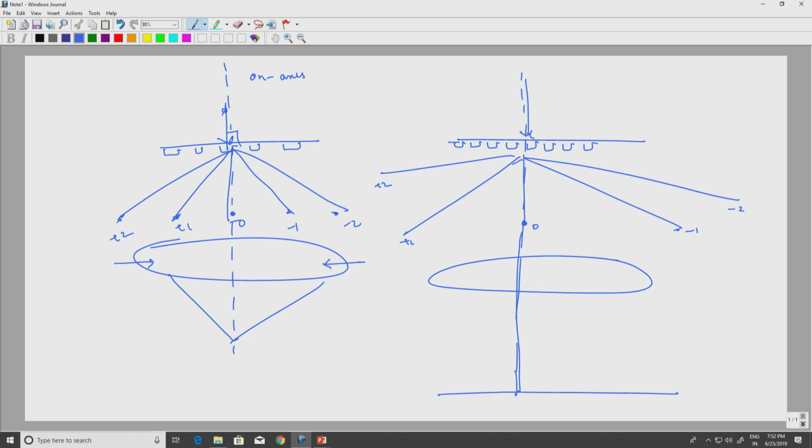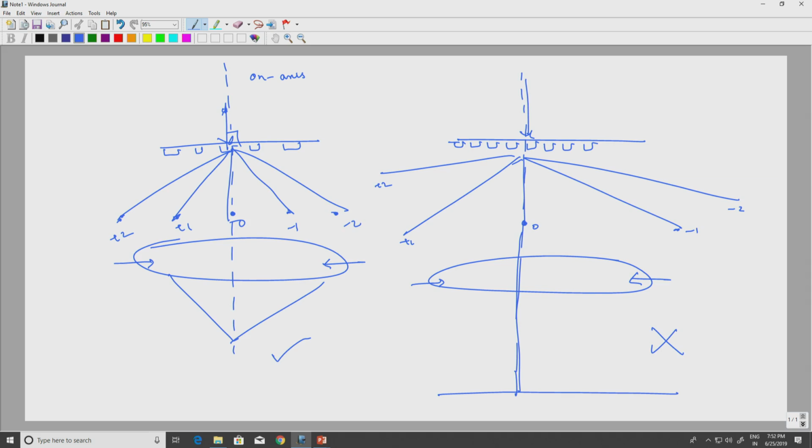In the imaging lecture we saw that you need at least one order captured through your lens in order to make the image. The interference pattern needs two beams. Now I only have the zeroth order beam coming through the system. So in this case you will be able to image, but in this case you won't be able to image.